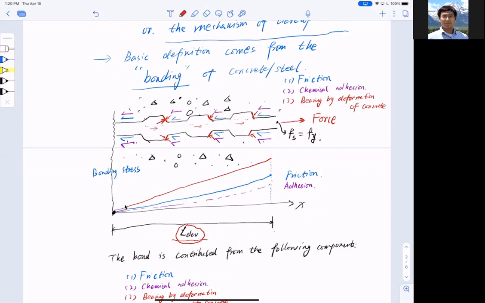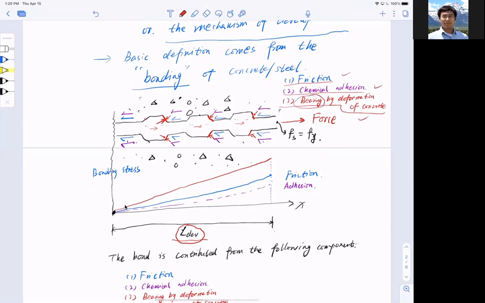A, friction; B, chemical adhesion; C, bearing; D, concrete compression. Naturally it's the last one. The aim of this part is for you to understand that there are three critical components of the bonding stress: friction, chemical adhesion, and bearing on the deformation of concrete.